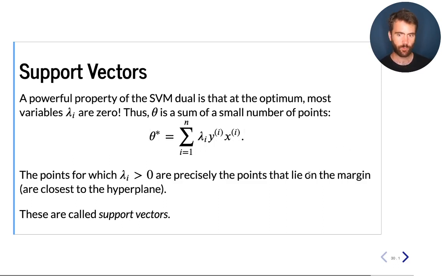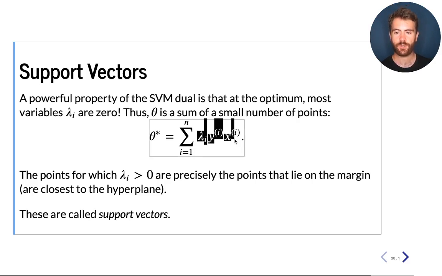It turns out that in practice, at the optimum solution of the dual problem, most lambdas are going to be 0. So even though technically the sum is over n, only a small number of these lambda i's will be non-zero. This is actually going to be a sum over a much smaller number of terms than n.